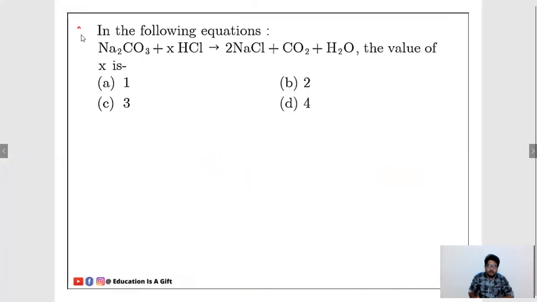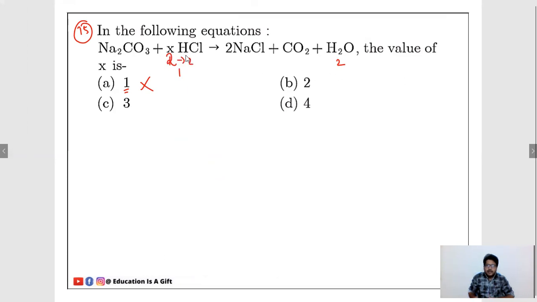Next, the 15th one. In the following equation, Na2CO3 plus XHCl gives rise to 2NaCl plus CO2 plus H2. The value of X is? In the previous question, we completed it using the trial and error method. Here, you can directly substitute and see. If you substitute 1, how many hydrogens? One hydrogen, while on the other side two hydrogens, no. If you substitute 2, how many hydrogens? 2 and 2.